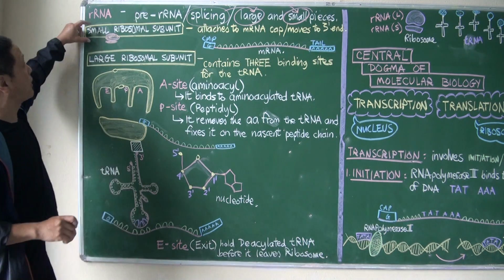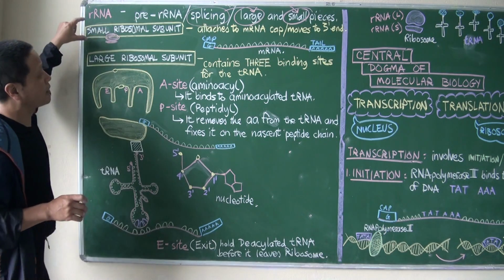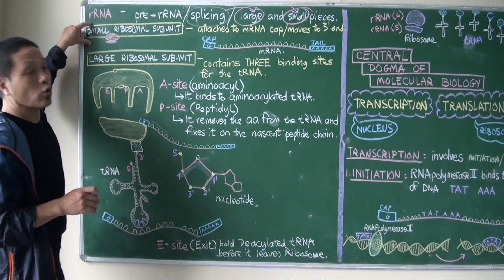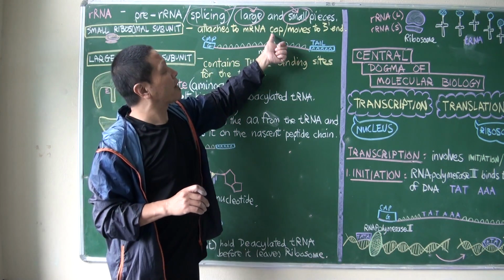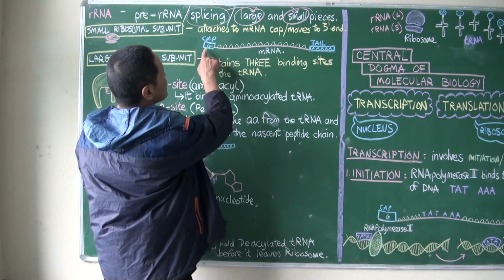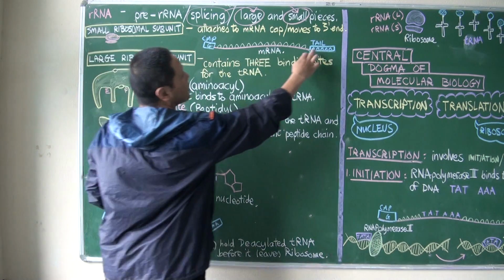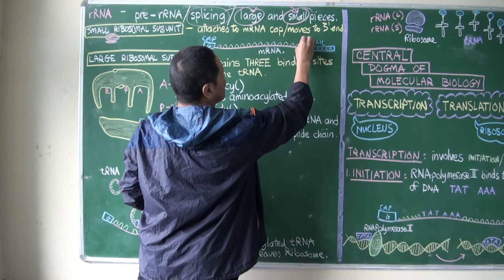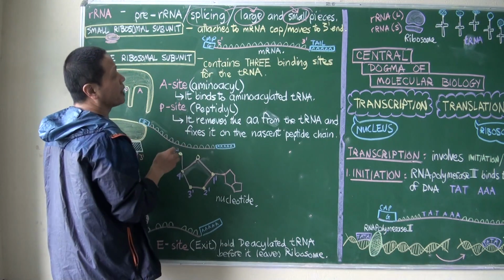subunit. I've started with the small ribosomal subunit because it has a small role to play, and its function is to attach to the mRNA cap. So here is an mRNA, a mature mRNA containing a cap and a tail. This is its 3' end, and this is its 5' end.